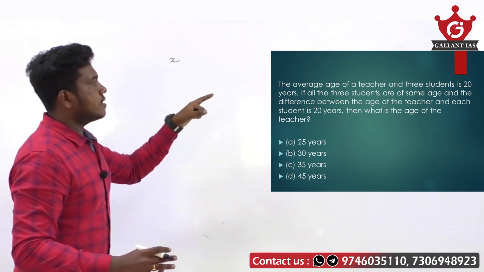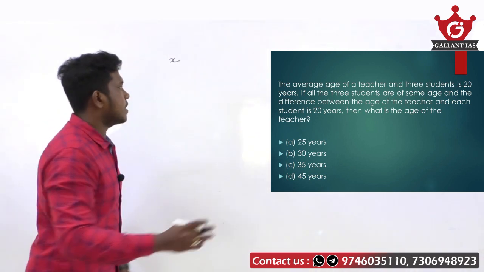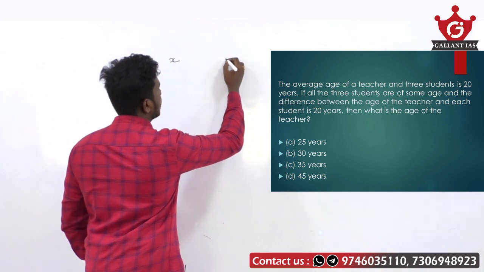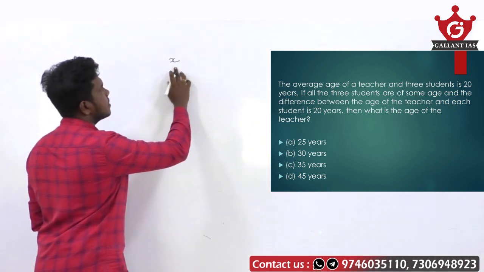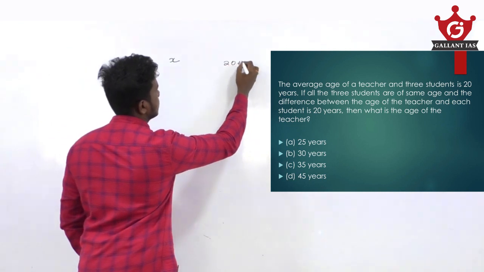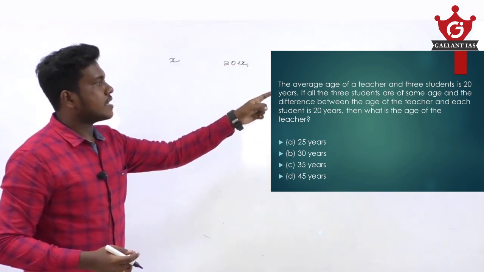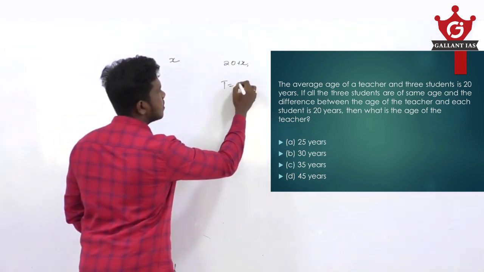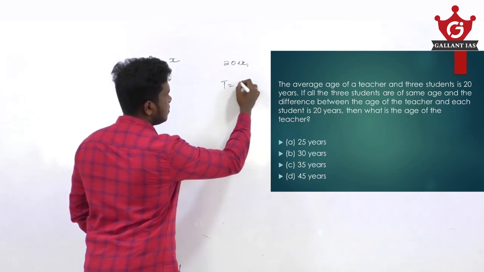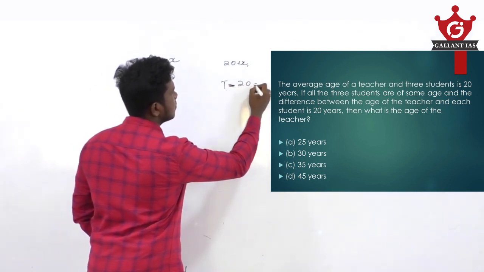It is said that the difference between the age of the teacher and the student is 20 years. So if the age of the student is X, then the teacher's age is 20 plus X. That means teacher's age minus 20 is equal to the student's age.